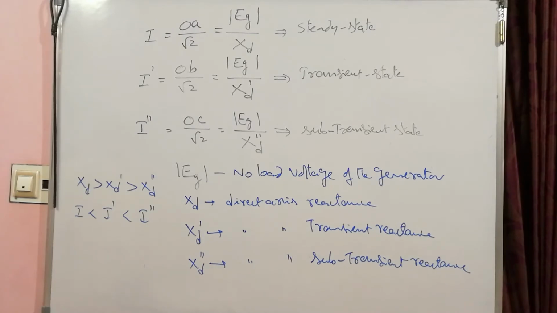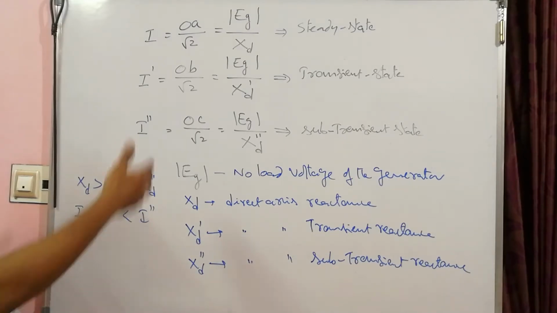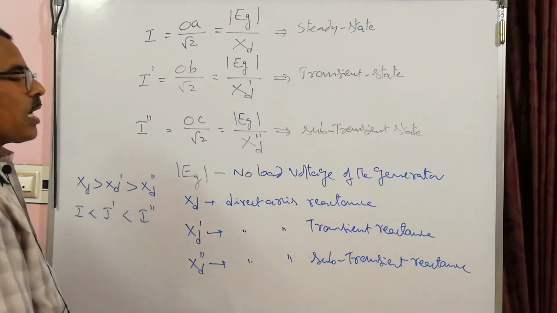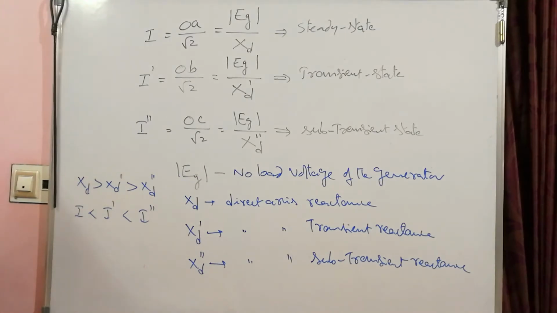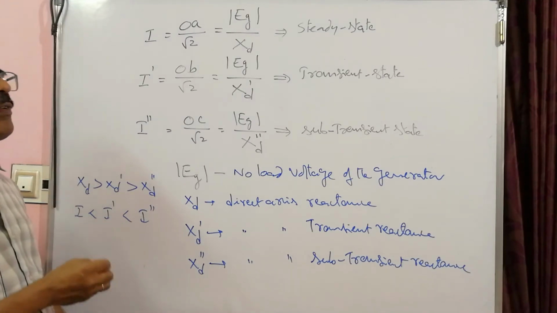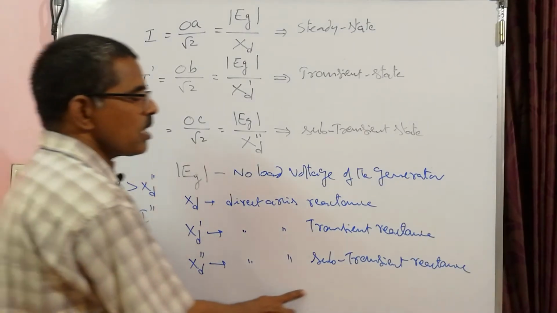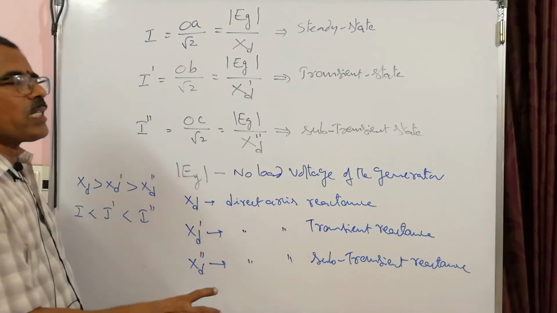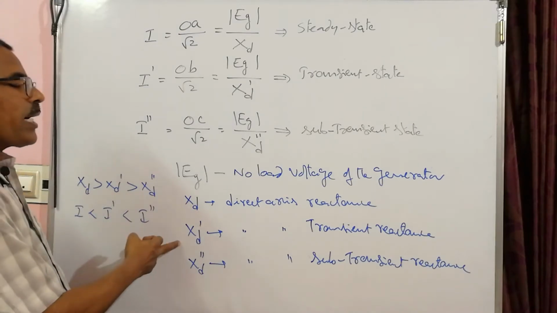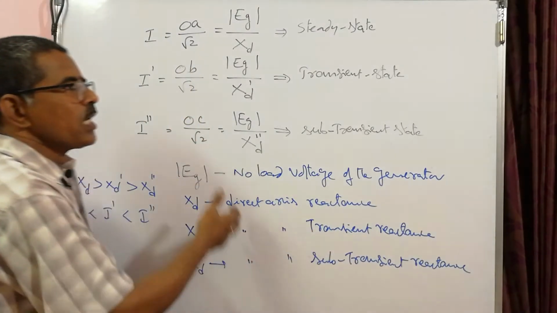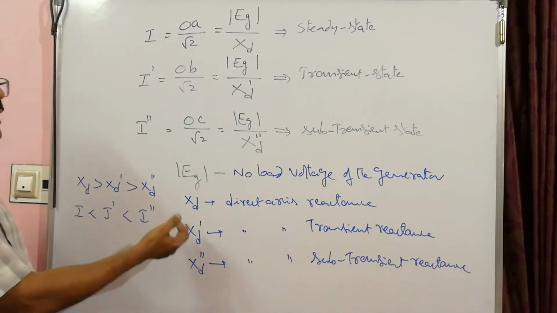Or you can say that the currents are limited by three reactances, and those reactances are respectively the direct axis reactance, direct axis transient reactance, and direct axis subtransient reactance. So immediately upon short circuit, the machine offers a very small value of reactance, that is the subtransient reactance, and it slightly increases, the machine offers a slightly increased value of reactance, that is the transient reactance, thereby the current slowly comes down.